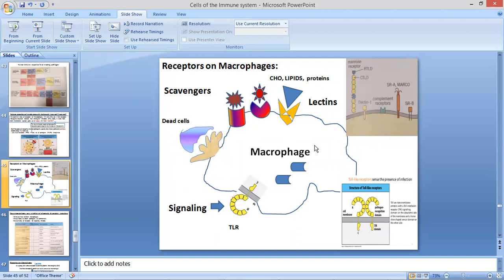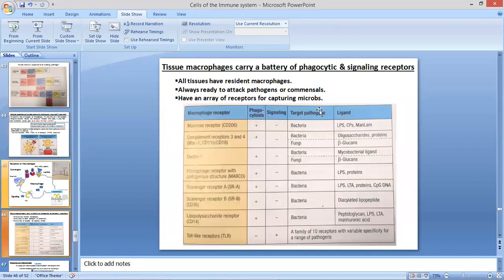So if you look at the exact nature of these receptors, which are involved in different functions, for instance, the macrophages carry a battery of phagocytic and signaling receptors in all tissues. You know that they are resident macrophages.